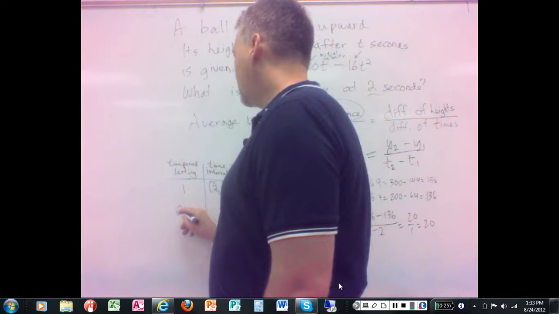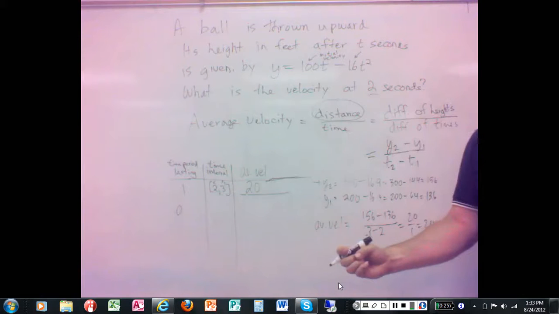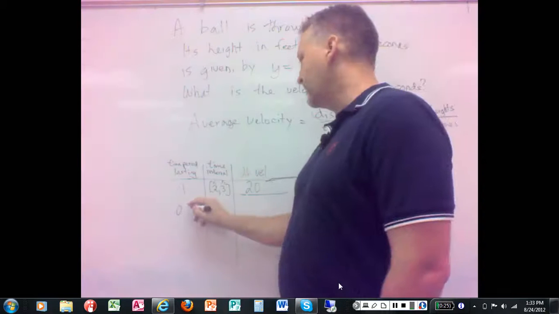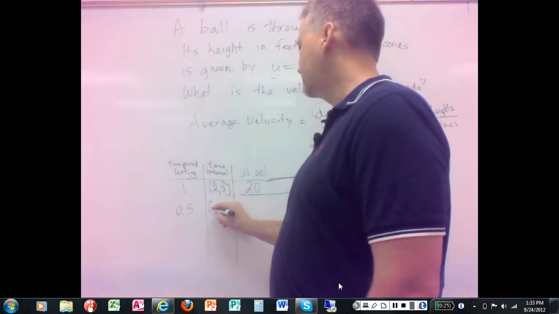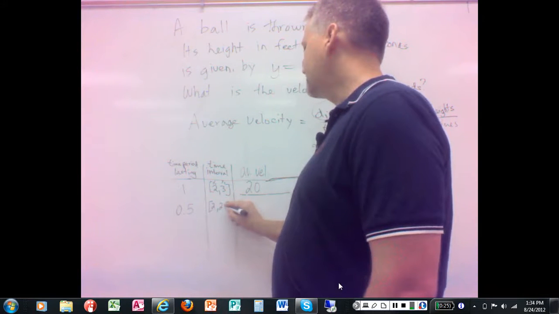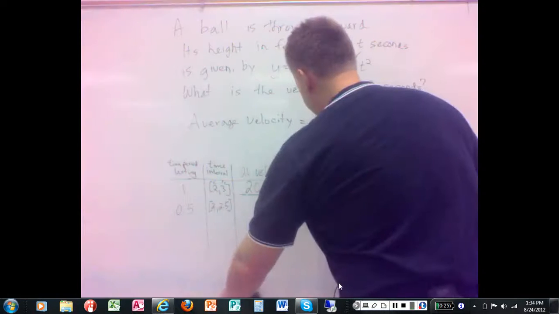And the thing is, we want to get time periods smaller and smaller. A smaller one would be like half a second, so I would go from 2 to 2.5 seconds. What's the average velocity there? Well, let's cut to the chase here.